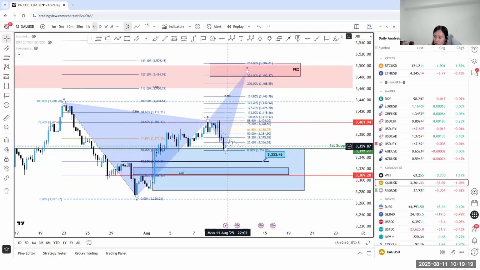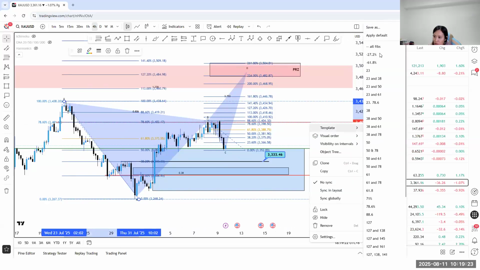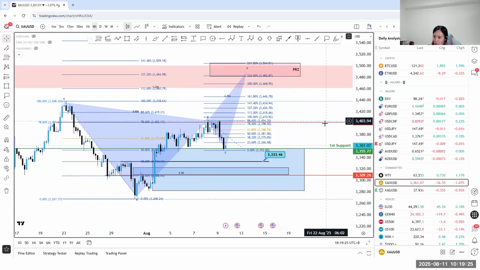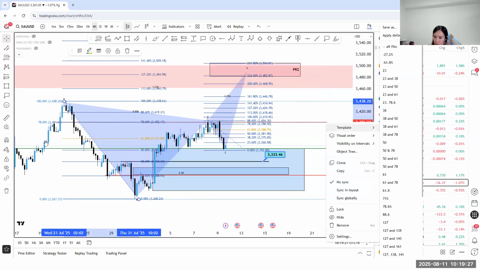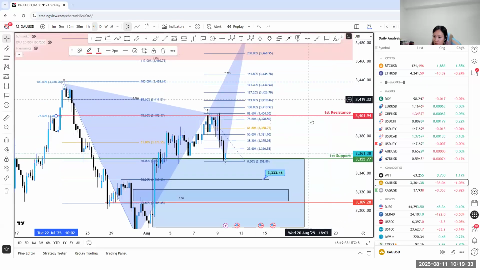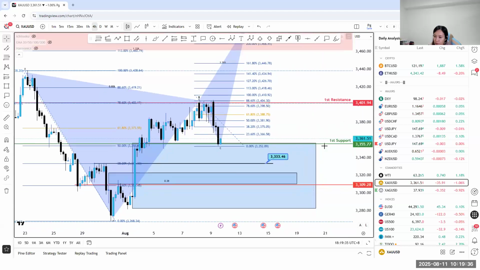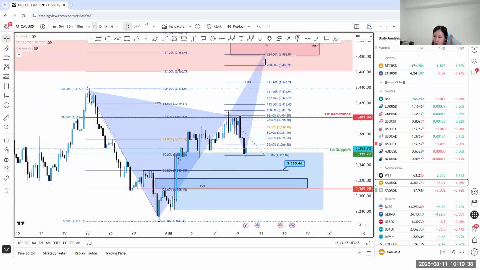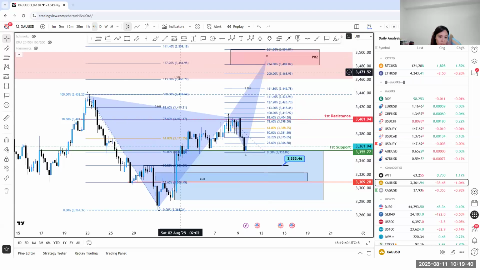If price rises and breaks this resistance level, this is our first resistance. If you want to trade with harmonic, this is going to be the PRZ zone. So we need to see.